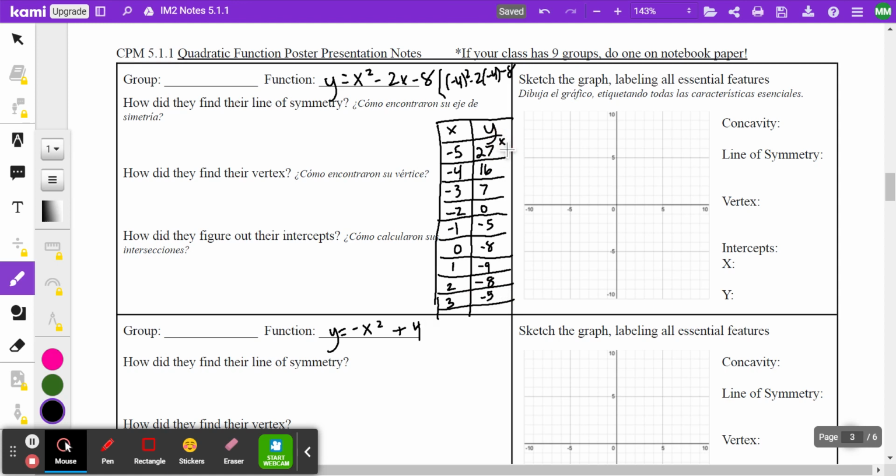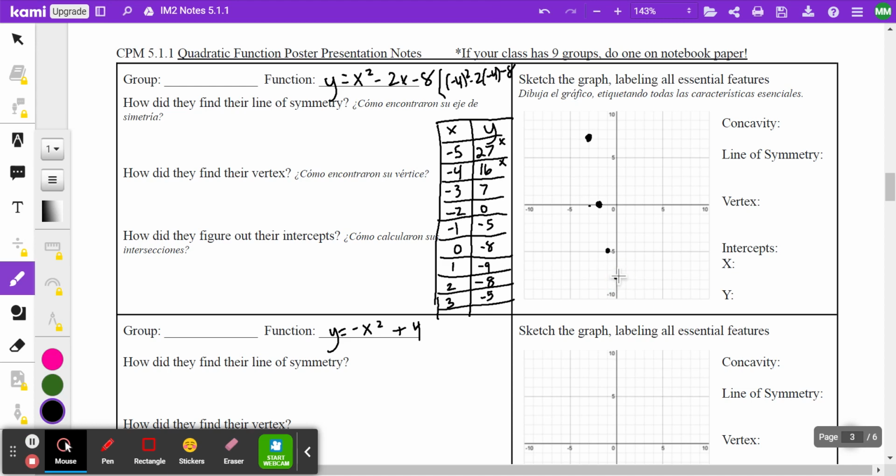This one I can't plot, it's too far away. Okay, -3, +7. This point should be on my graph. -2, 0. That's on my graph. -1, -5 is on my graph. Okay, 0, -8.